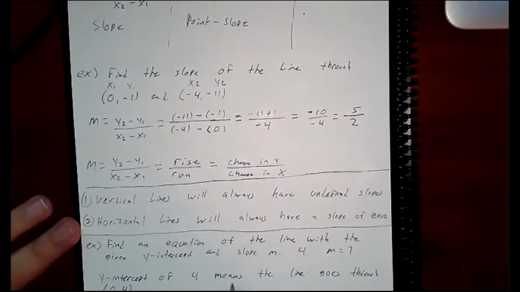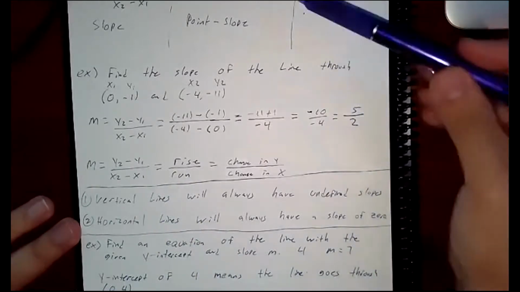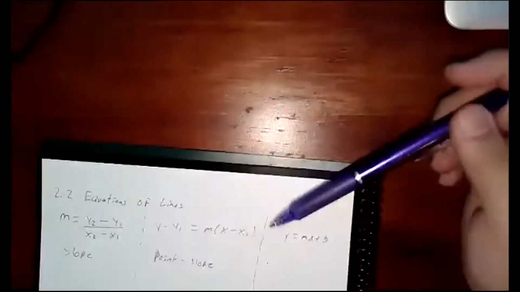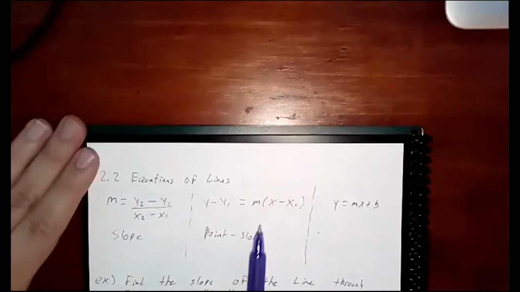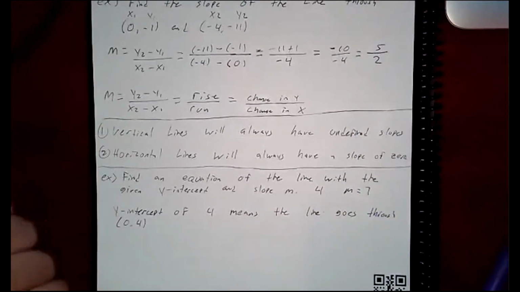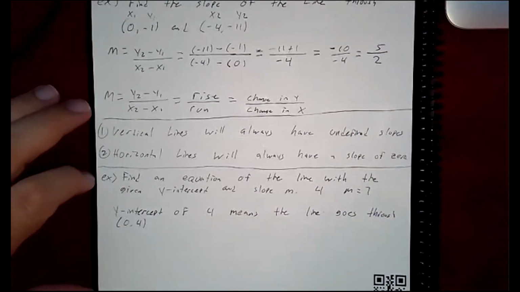So we can use the point-slope form because you have a point and you have a slope. So this equation up here, the first one, will be the easiest one to use. You don't have to use that, but when you have these two, that's easier.